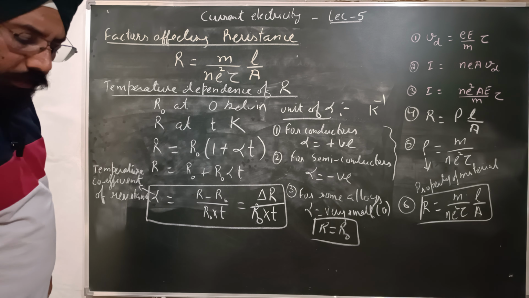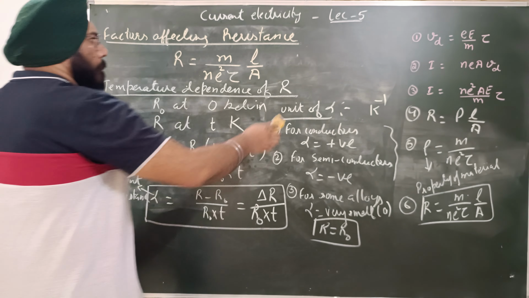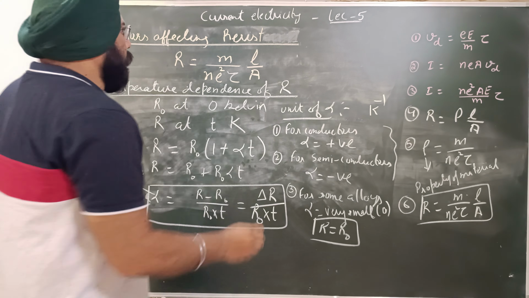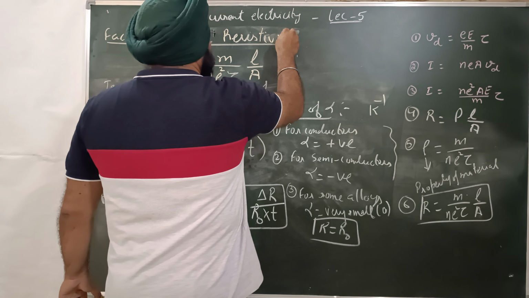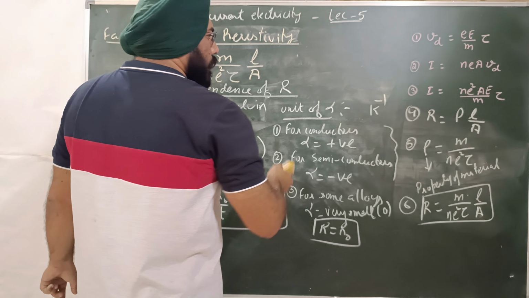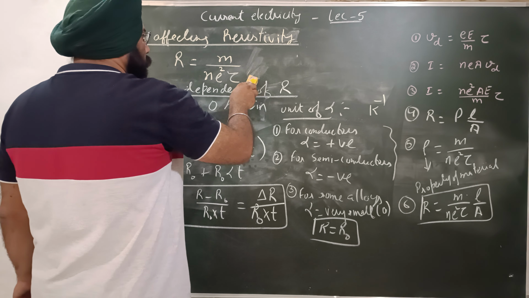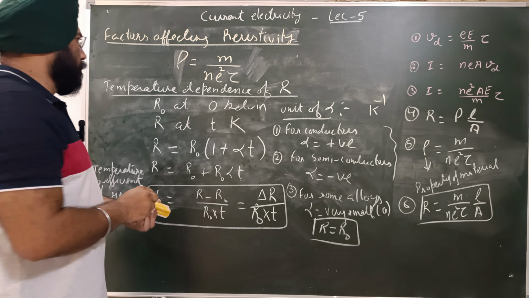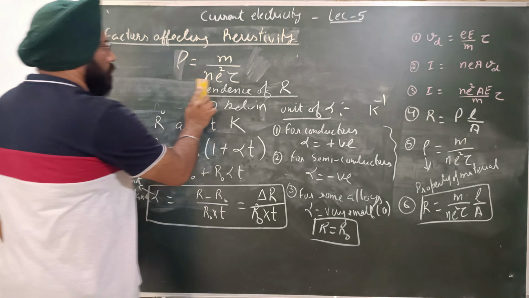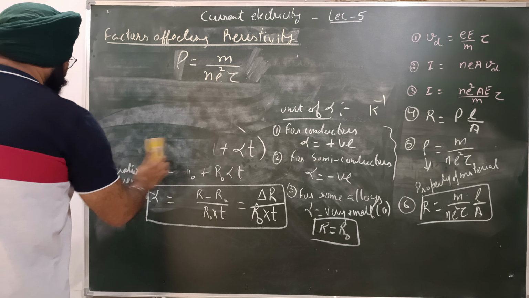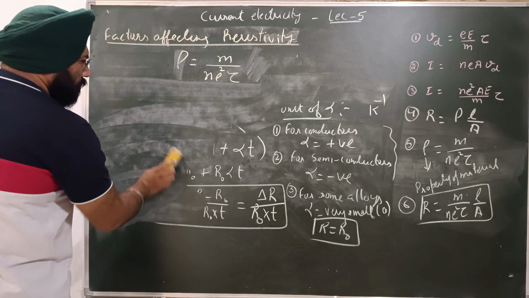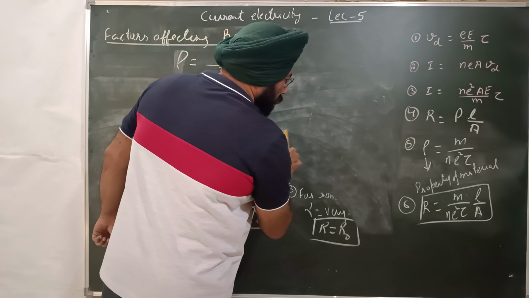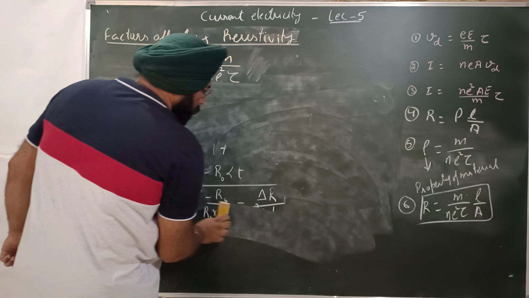Now the factors affecting resistivity. This is the formula for resistivity: rho is equal to. From this, what we get is that resistivity depends on the material only, because L and A are not there.